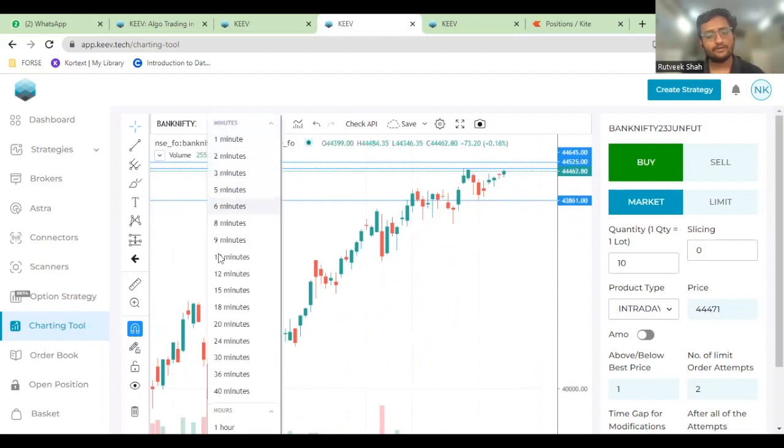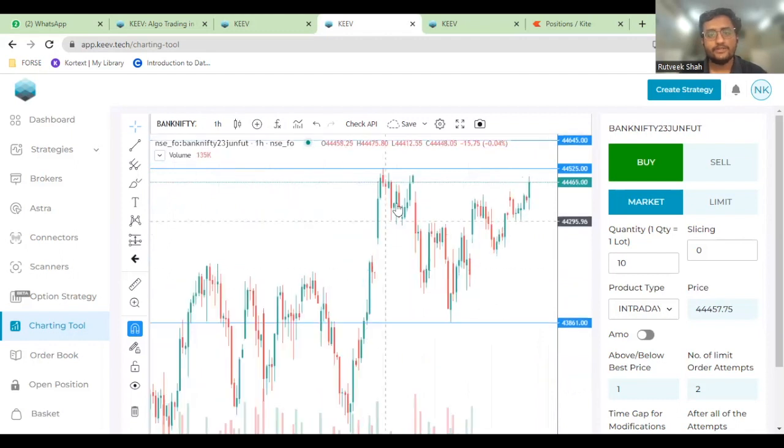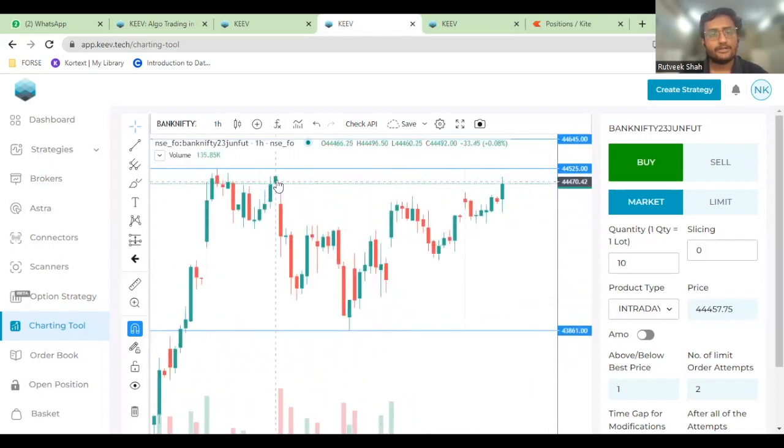To move forward, we'll see how the hourly chart is performing. Here we can see that it is exactly from this point, as we saw in the daily chart, that it has shown an upward momentum. And from the hourly chart, we can see that this section, around 44,500 and 44,525, has been a short-term resistance.